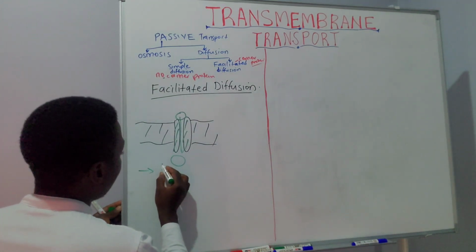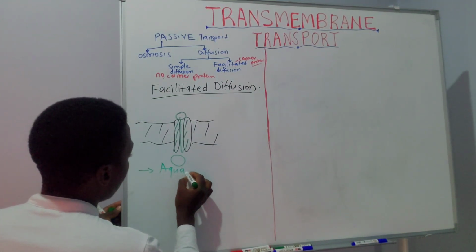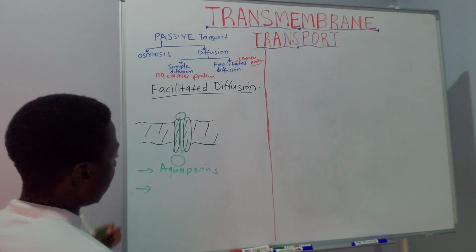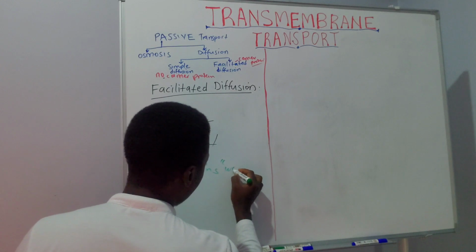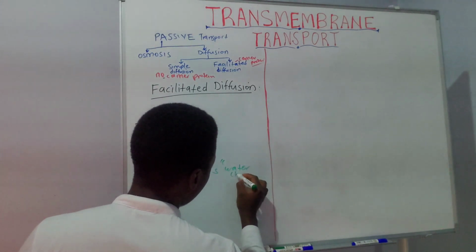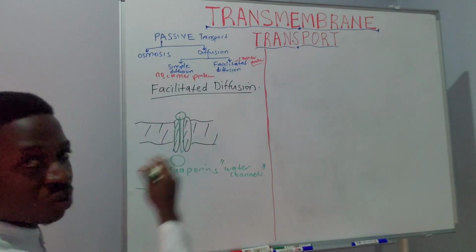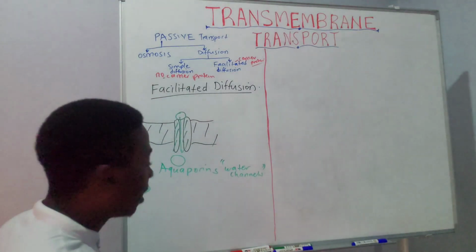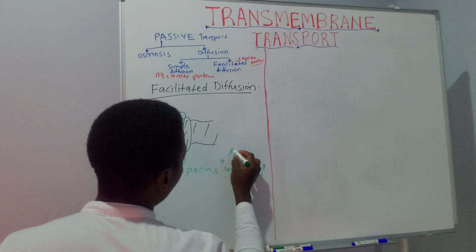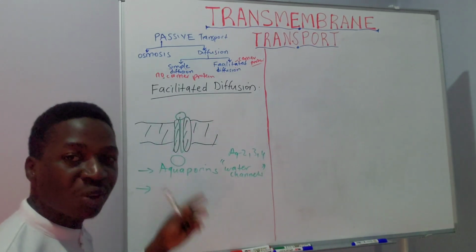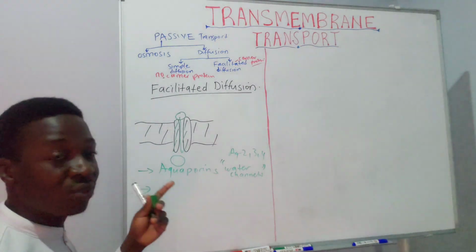One example is what we call aquaporins, which are typically water channels. They are being studied very widely. You have aquaporins 2, 3, 4. These will come out more when we're talking about renal physiology.